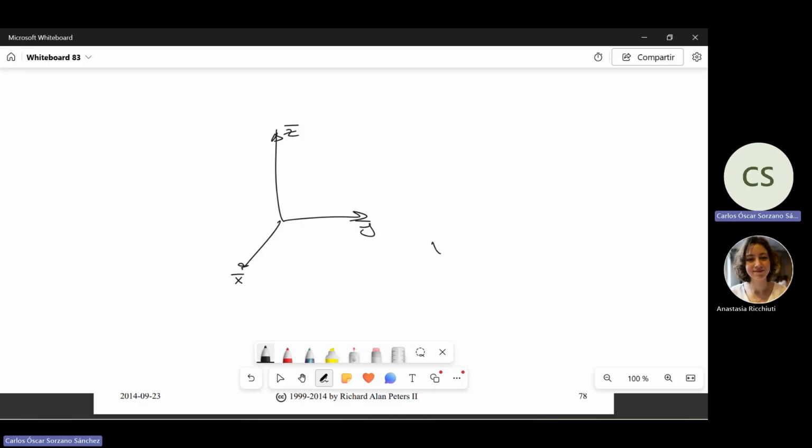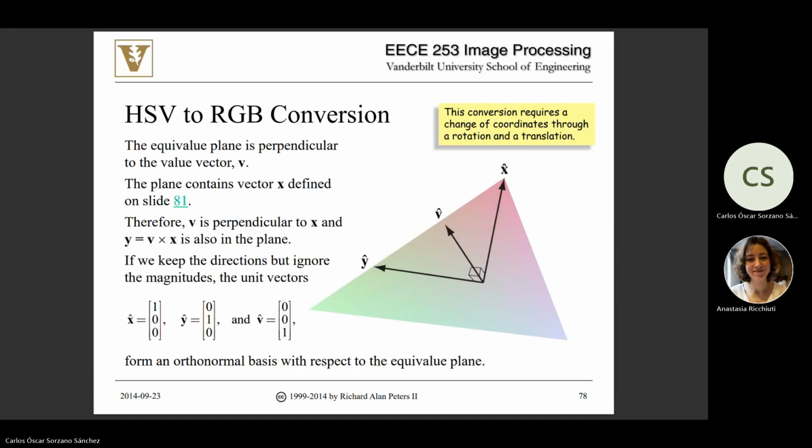You know that the cross product x times y is z, y times z is x, and z times x is y. This you know from physics, right? So we are applying this property. Then y has to be v times x.